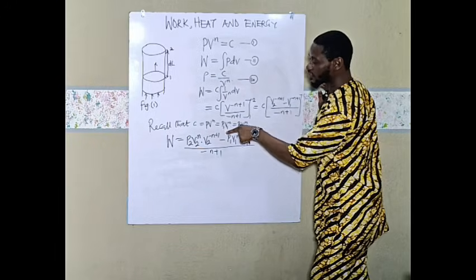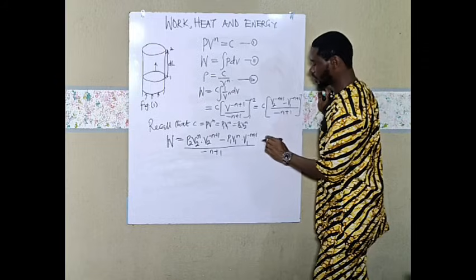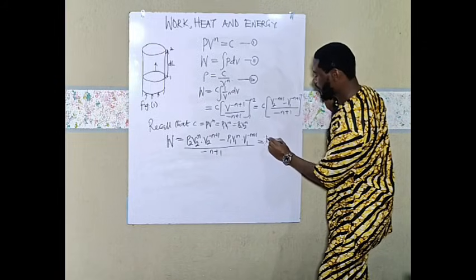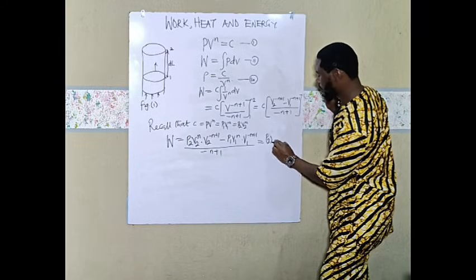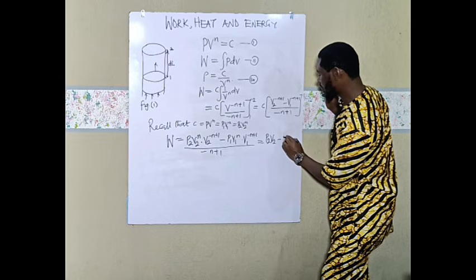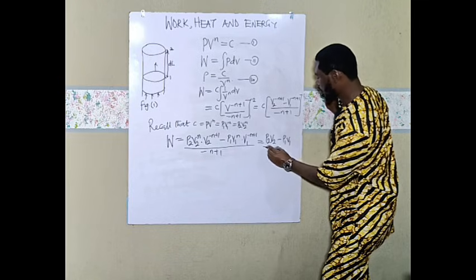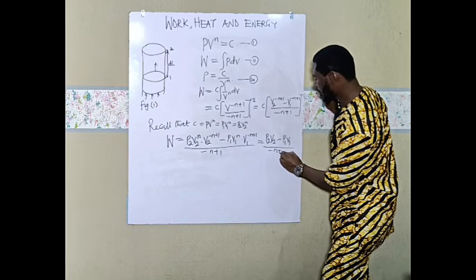By the time you simplify the equation further, we have P2 V2 minus P1 V1 over minus n plus 1.